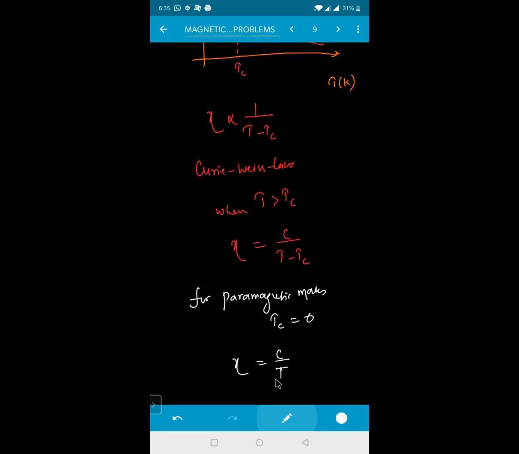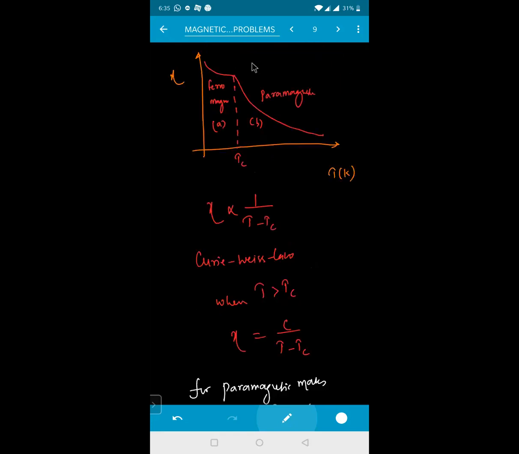That means at a temperature above the Curie point, a ferromagnetic material becomes an ordinary paramagnetic material whose magnetic susceptibility will obey what? Curie law. Is it clear? At a temperature above what? The critical point or Curie point. This point is known as the Curie point.